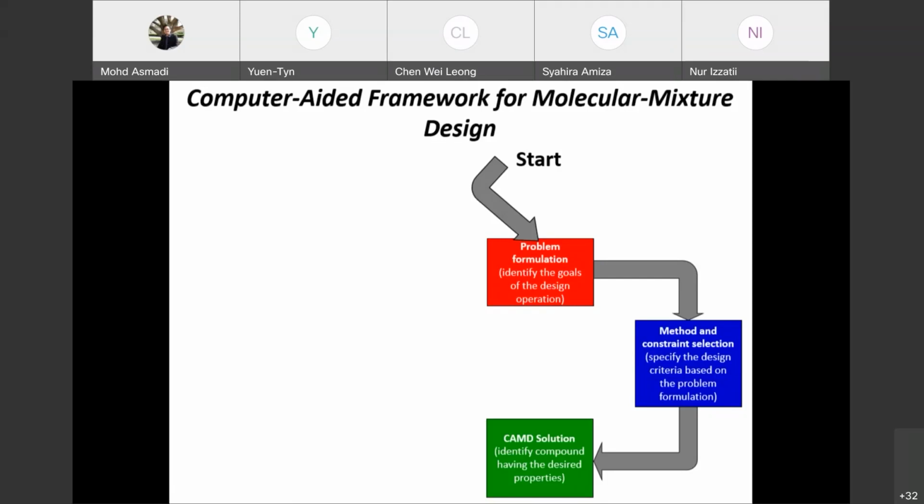Then the fourth step is result analysis and verification. Here the selected candidates from the CAMD solution are further analyzed to confirm their desired properties.